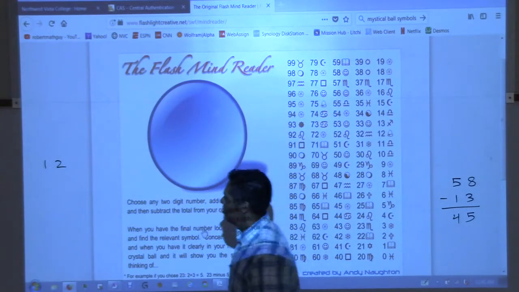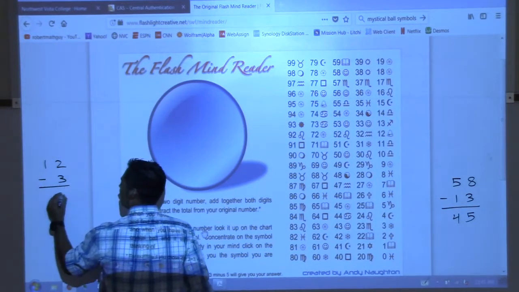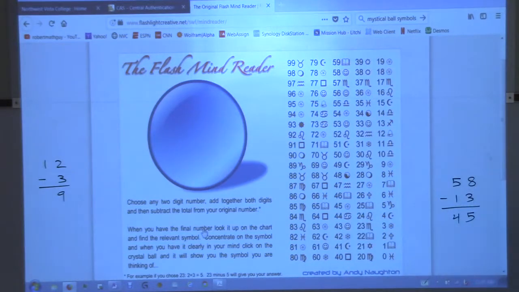I'm going to add my two digits together, which gives me 1 and 2 is 3, and I subtract, and I get 9. Everybody ready? You have your symbol yet or no? I'll give you a second. We good? Okay, let me see. Where's my symbol? Okay, I got it.